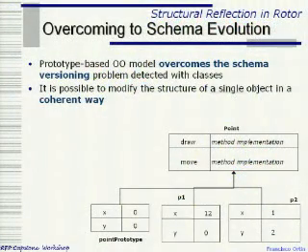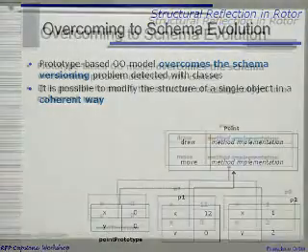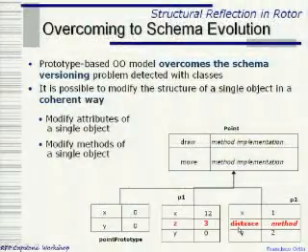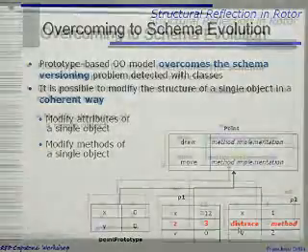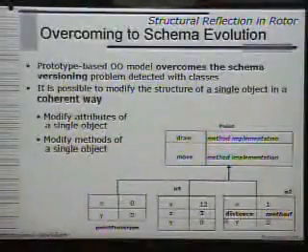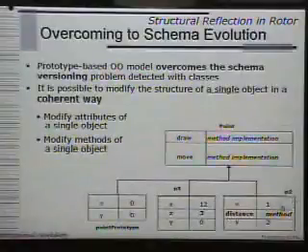So the prototype-based object-oriented model overcomes the schema versioning problem detected with classes. And it models the structural reflection in a coherent way. In this scenario, we can see how we have different instances of the same point class. If we want to modify the P1 object, we can place, for instance, a new attribute without modifying the rest of instances. At the same time, if we want to give a new message to the P2 instance, we just have to place that implementation inside of the slot of the P2 object.